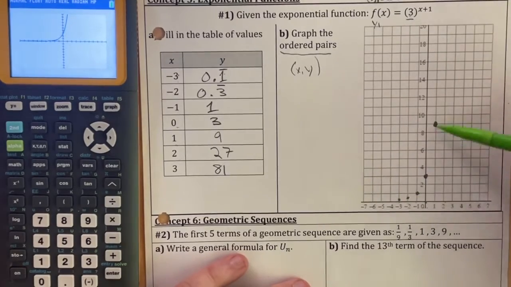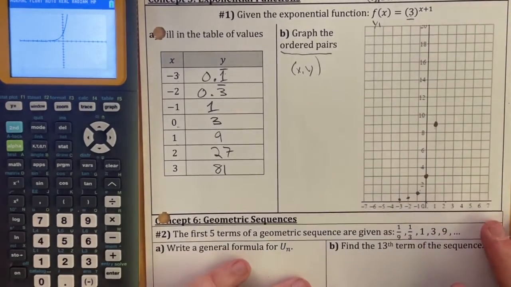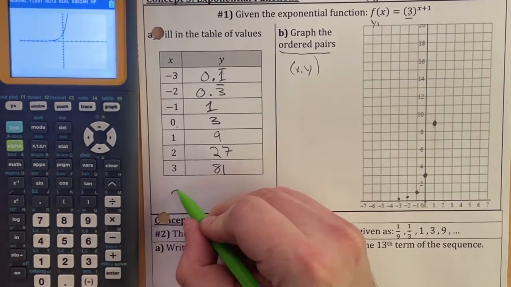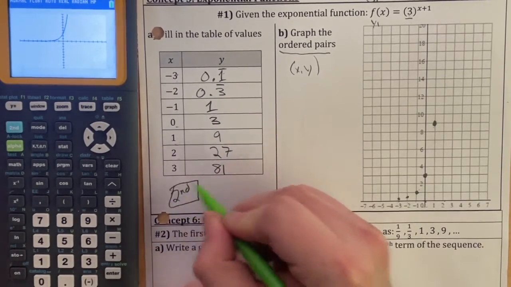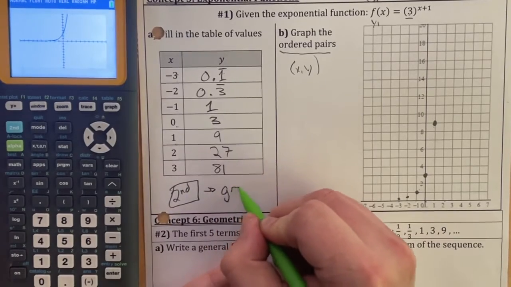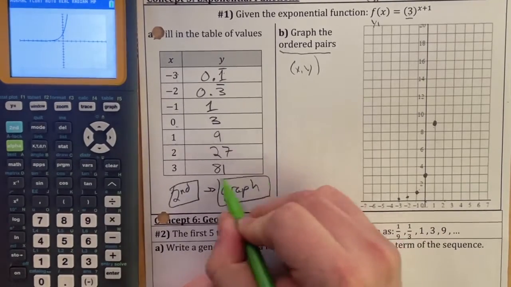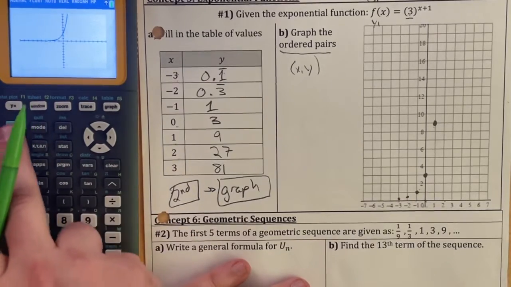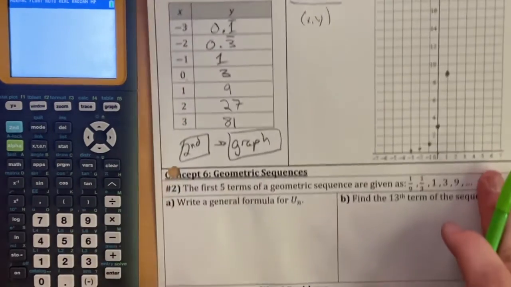As long as we get those first 5 points, we are good. So notice how it's increasing from left to right. Again, to get this table of values, it's second, and then graph. All right. So I can quit out by hitting second mode, and now I can move on.